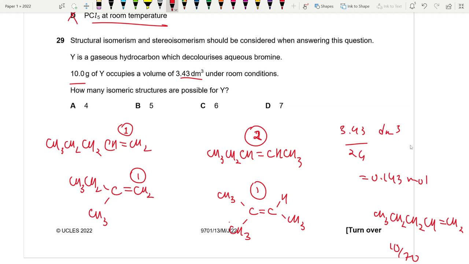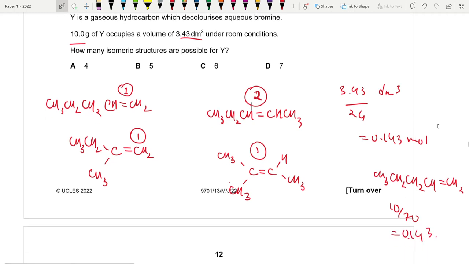So what's the isomer that we've missed? Basically, we have 2, 3, 4, 5 now. There's another one. Basically, if we draw it like this, it will make sense. Here you go.